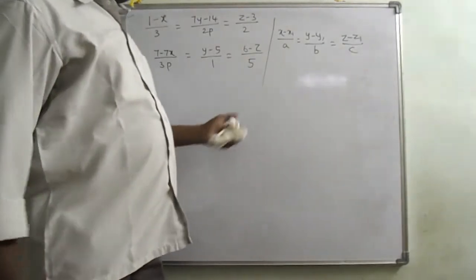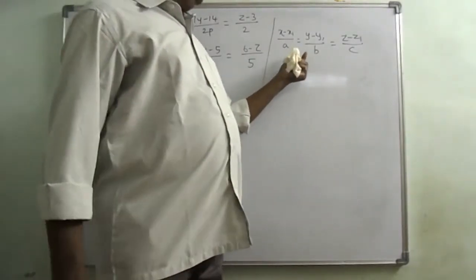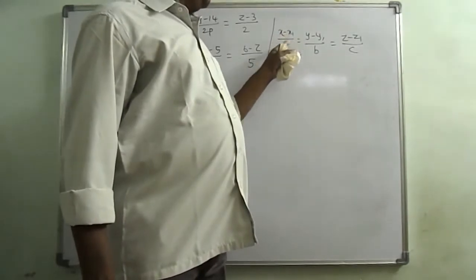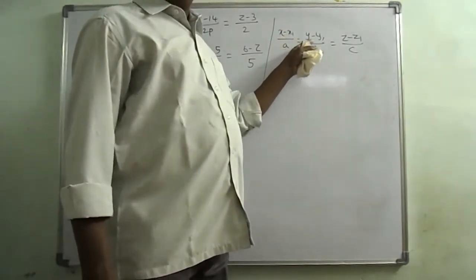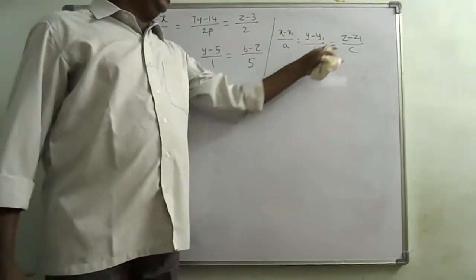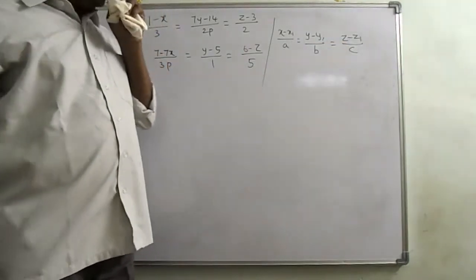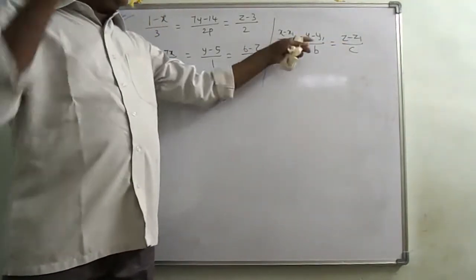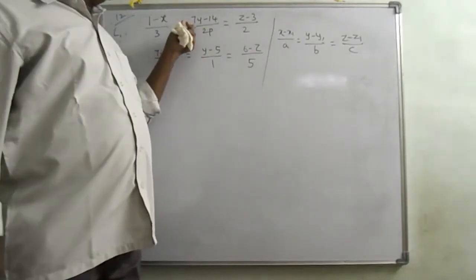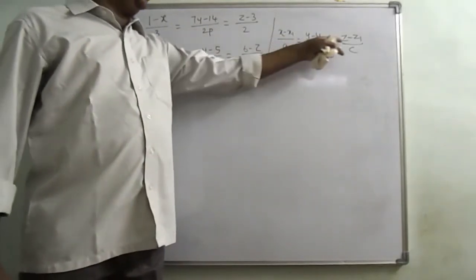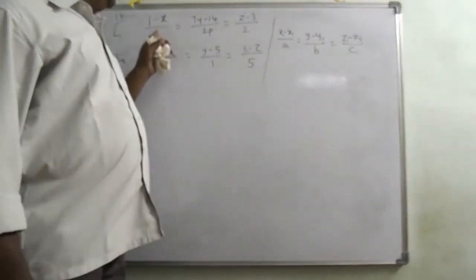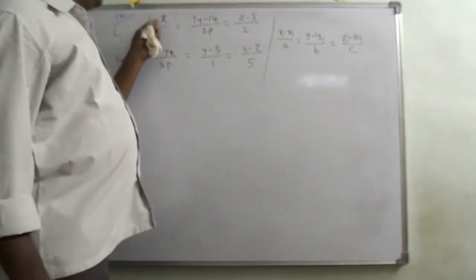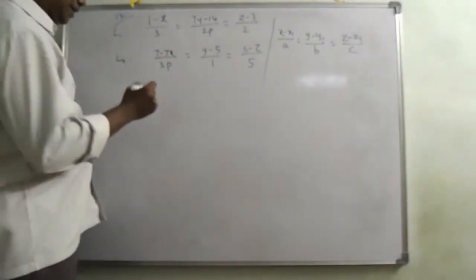The standard form of any line in Cartesian form is (x minus x1) divided by a equal to (y minus y1) divided by b equal to (z minus z1) by c. That means x, y, z should not have any coefficients, and they should not be negative. Here it is given as 1 minus x.